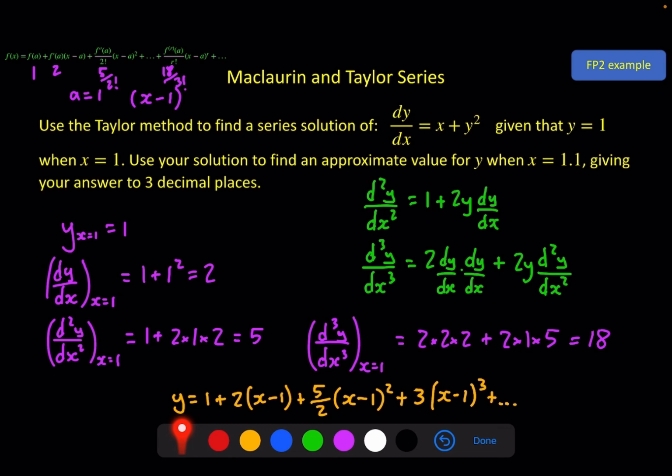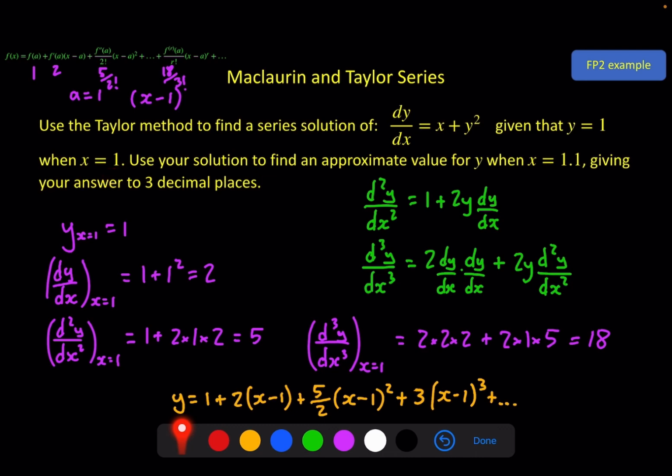The difference here is that we were not using x equals 0, we were using x equals 1, which means we had to expand about that point, which means we're using this form of Taylor's series expanding in powers of x minus 1. And like I said, sometimes they'll make that really clear in the question, but sometimes it won't be so clear. You'll have to infer it from this statement here.